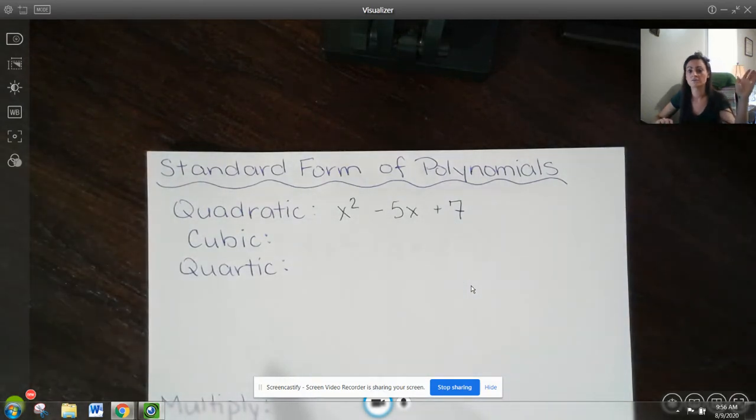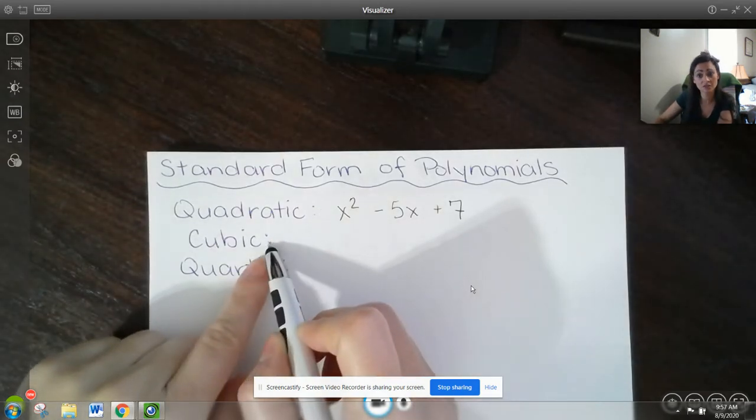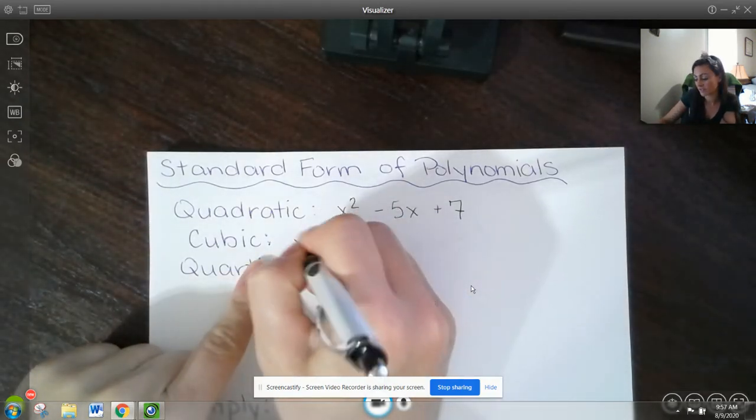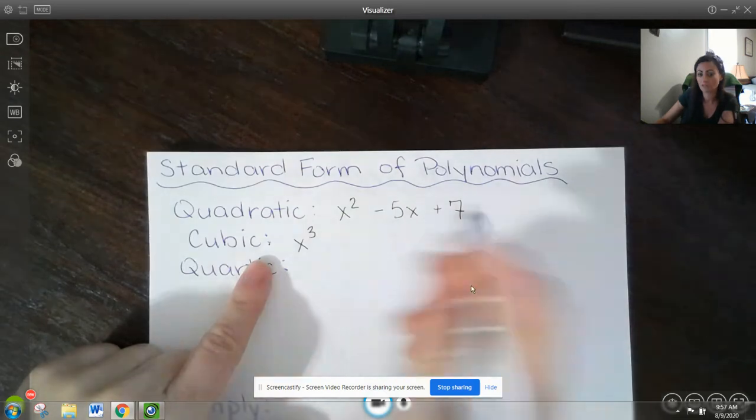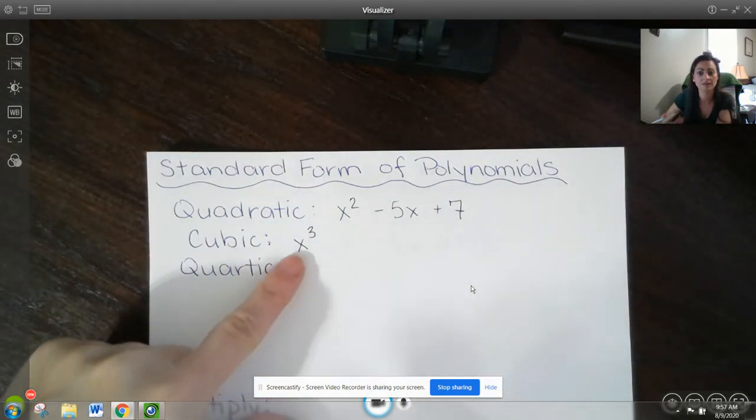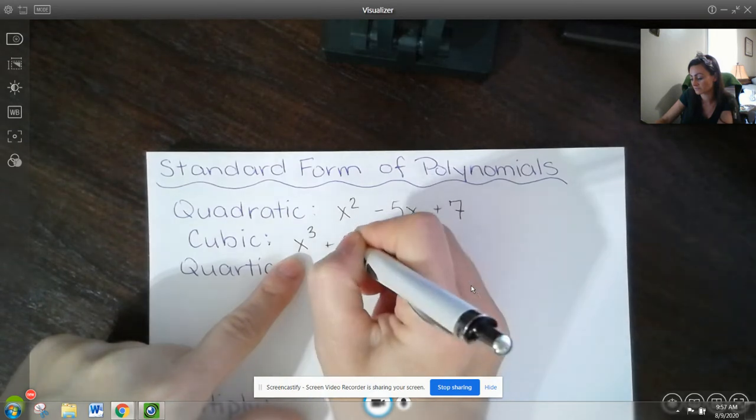So you want to have your variables go from highest exponent down to lowest exponent. So if it was cubic, my first would have to be x cubed, and there can be a coefficient in front of that. That's not going to change anything. It just has to be the highest exponent first.